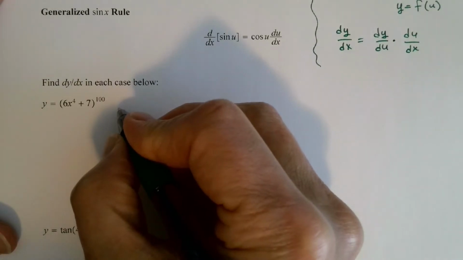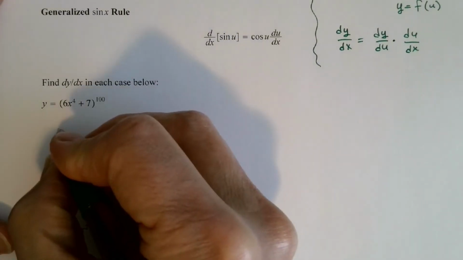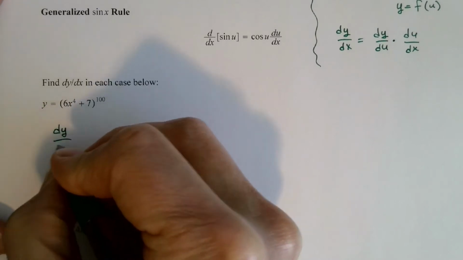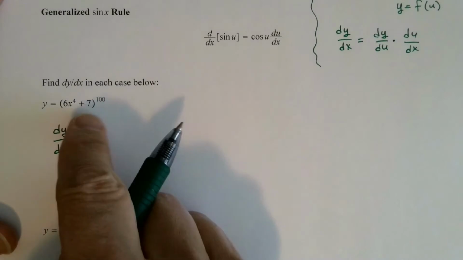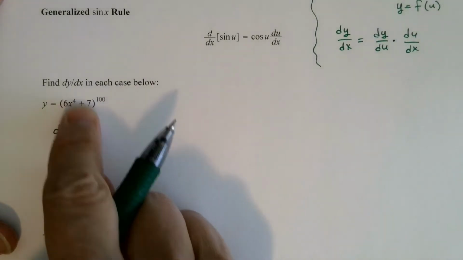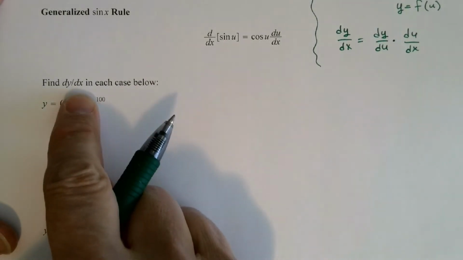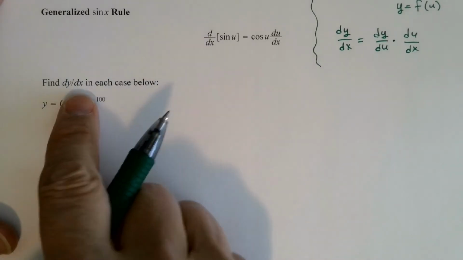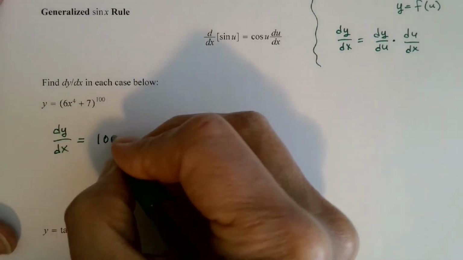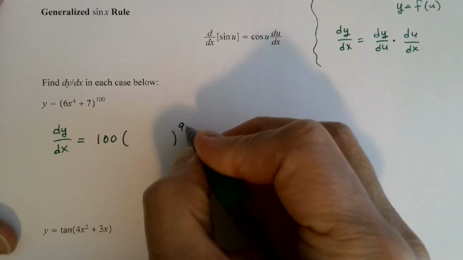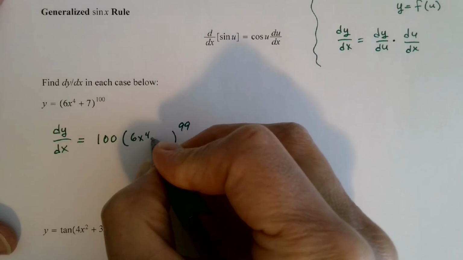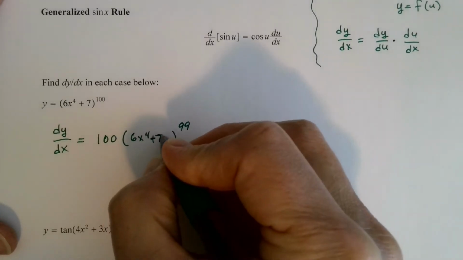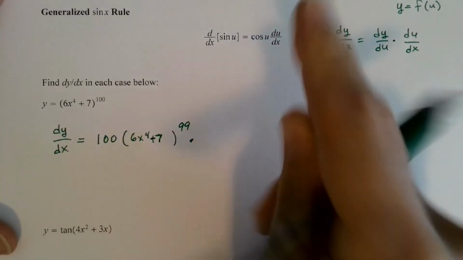So let's look at these cases. Let's find the derivative dy/dx in each case. So dy/dx, this is the power rule, or generalized power rule, or the chain rule. I have u is 6x to the 4th plus 7, u to the 100th power. What's the derivative of u to the 100? That's 100 u to the 99th power. And what is u? u is the inner function, 6x to the 4th plus 7, times what? du/dx, the derivative of the inner function.